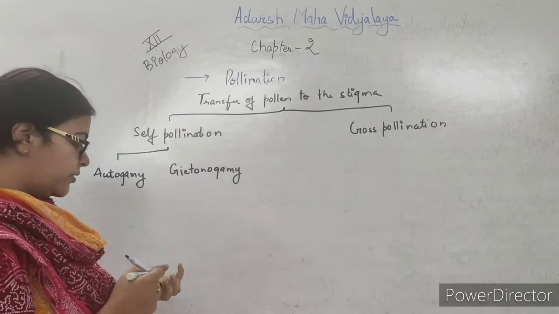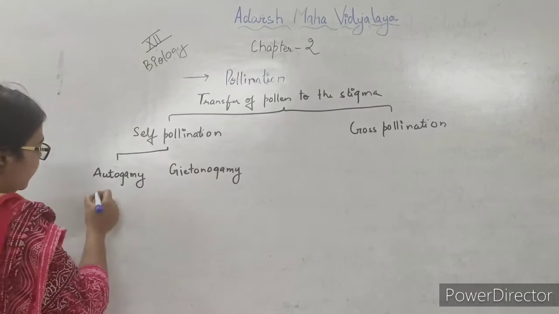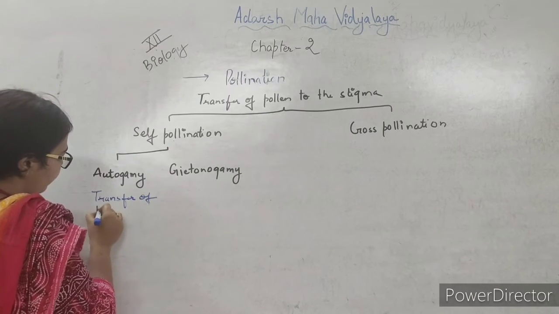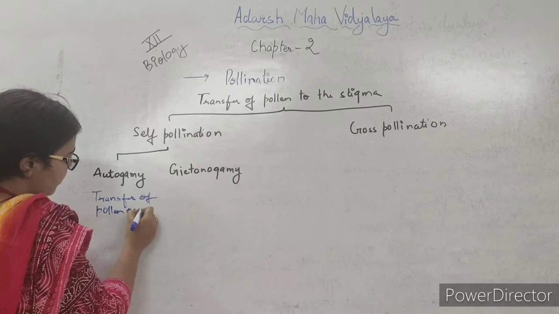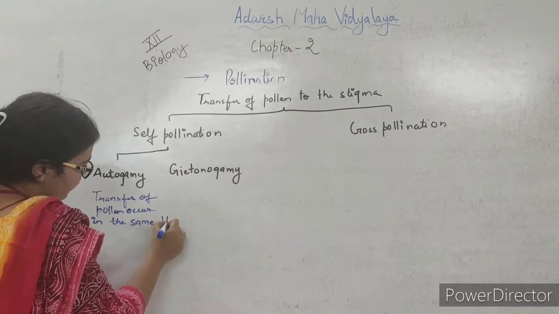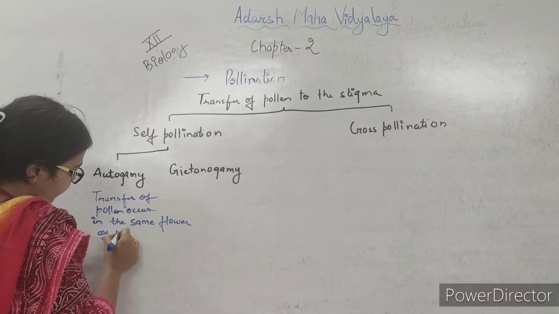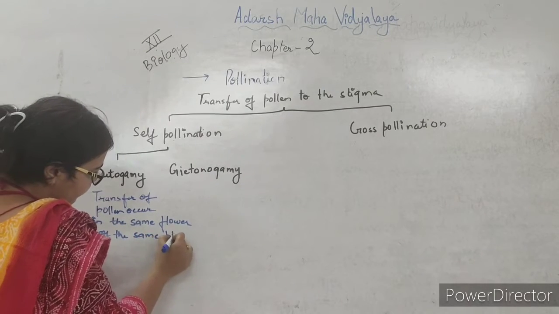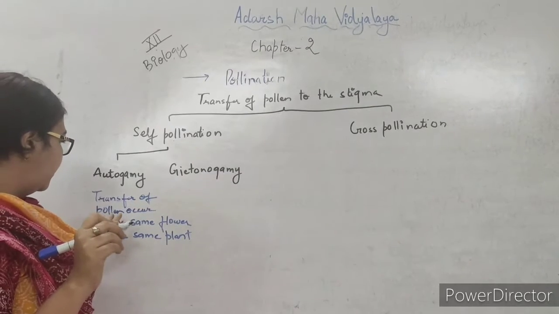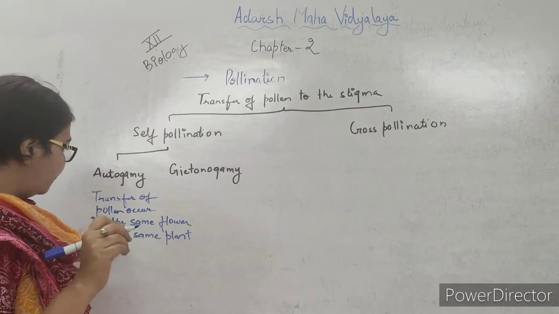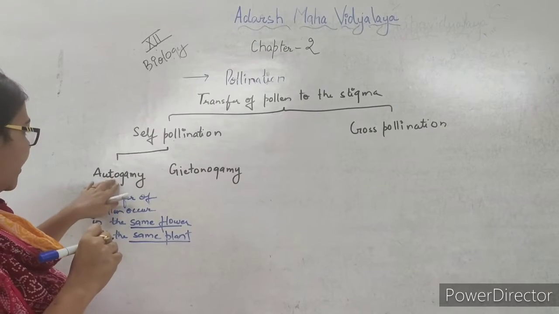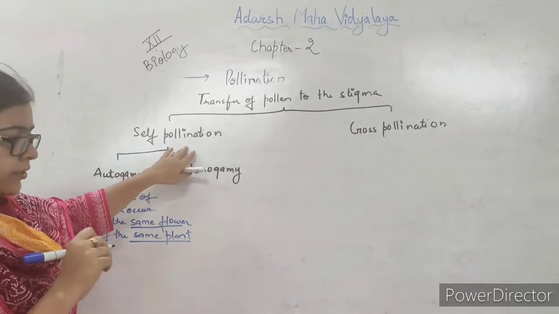In autogamy, if the transfer of pollen occurs in the same flower of the same plant, I repeat once again, in autogamy the transfer of pollen will occur to the stigma of the same flower of the same plant, then it's termed as autogamy, and autogamy is a type of self-pollination.